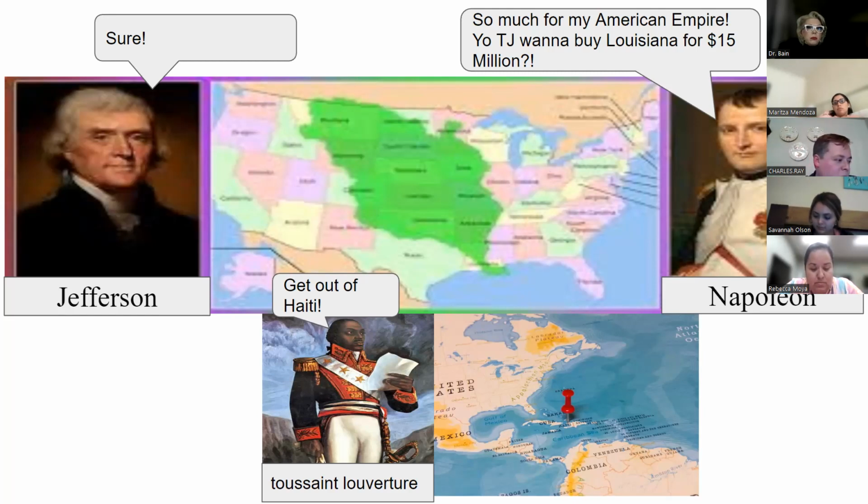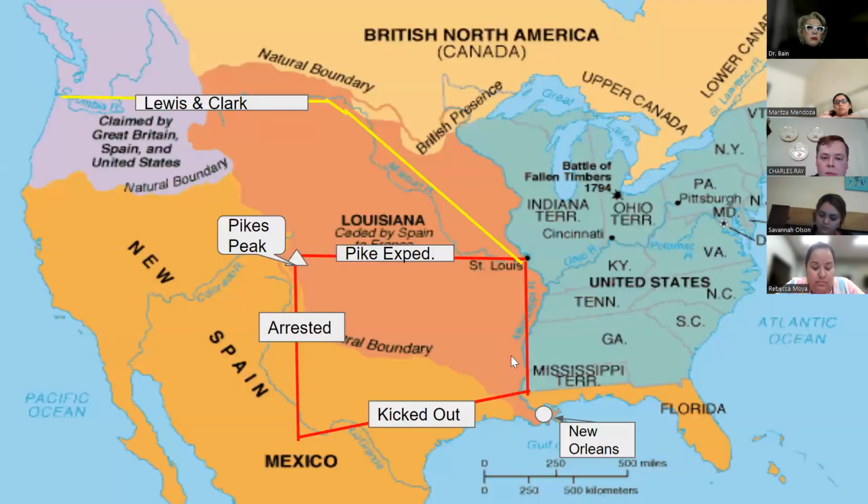His whole plan of world domination, at least for North America, was using Haiti as a jump-off point. So he says, hey, how about you just buy the entire Louisiana Purchase for 15 mil? I need money. I need to fight Britain some more. I could use money much more than I could use this land. And Jefferson does. He buys it at 3 cents an acre.